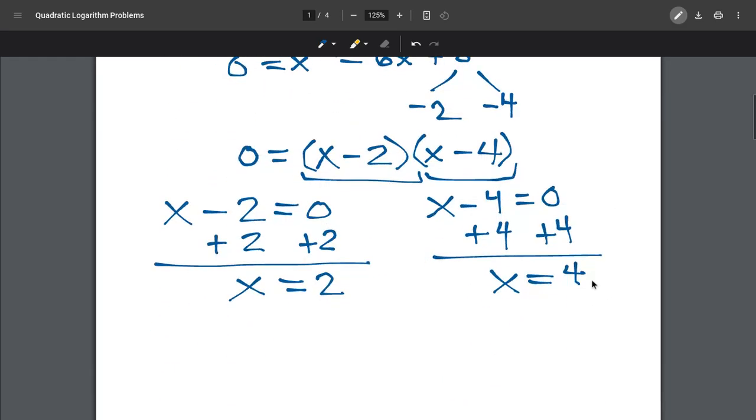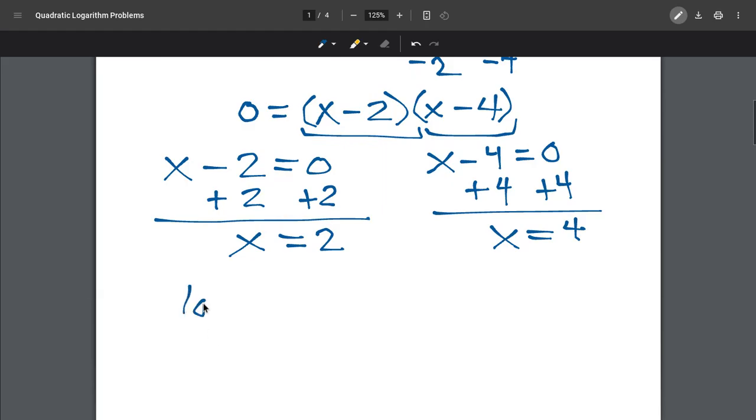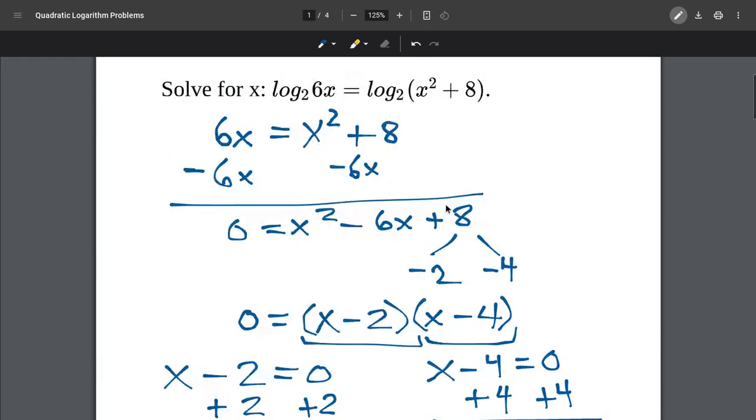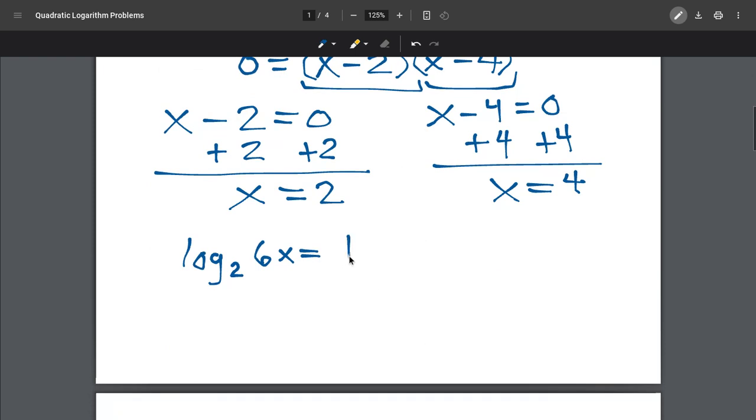So now I've got to see if log base 2 of 6x, when I put in these values, equals log base 2 of x squared plus 8. So 6 times 2 would be 12.